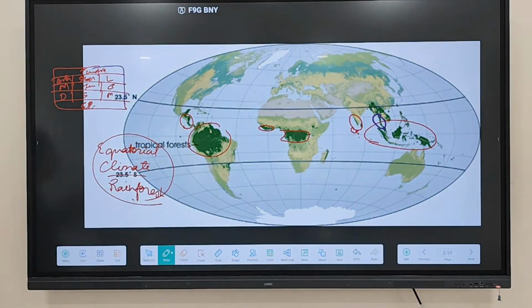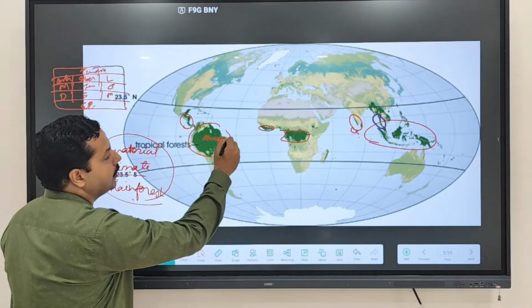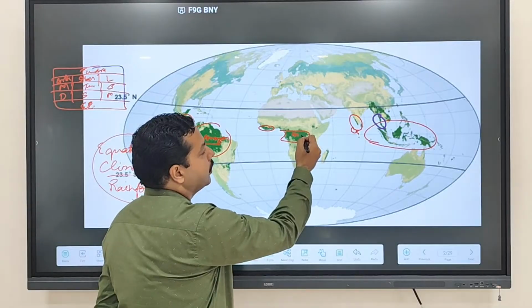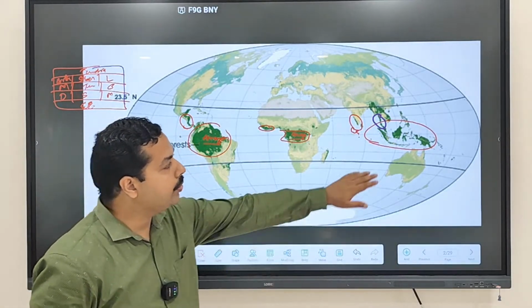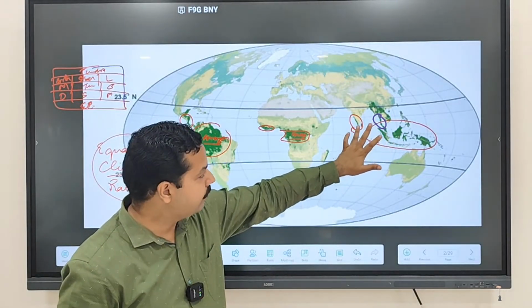So where do we find the equatorial climate? You'll find it in the Amazon forest of Brazil, the Congo region, and equatorial forest in Indonesia, in Malaysia, and as we discussed, in the Western Ghats of India.